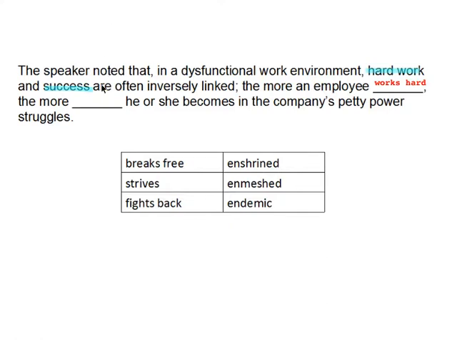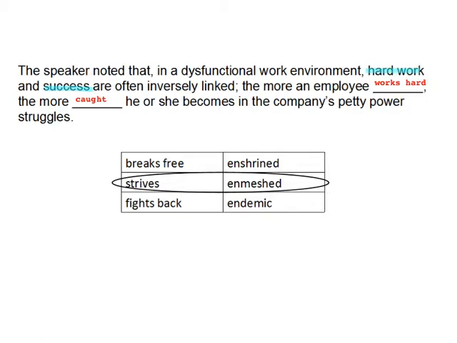One way to express this is to say caught in them, or stuck in them, or entangled in the company's petty power struggles. And with these two fill-ins, a great recycled word, and then just a heads up sort of evaluation of what kind of word we need in the second blank leads us directly to "strives" and "enmeshed," both of the middle guys here being our correct answer.